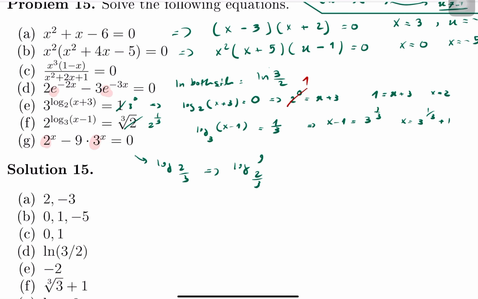The last one again the same, because here it is not e, it's a number, I have to put a log. Because of the log, I put a log of 2 over 3 because I have these numbers, and the result will be 9 for this solution.